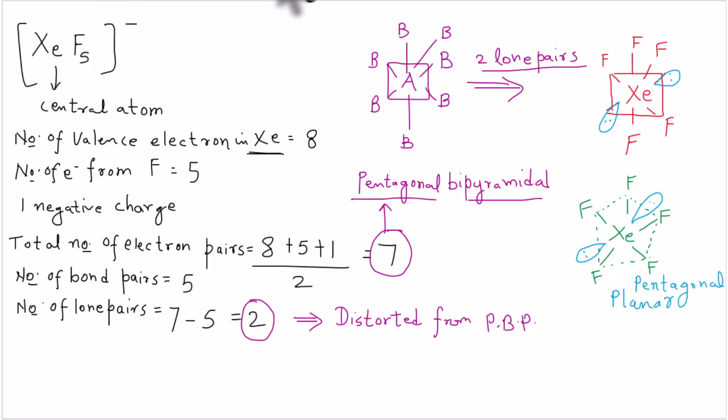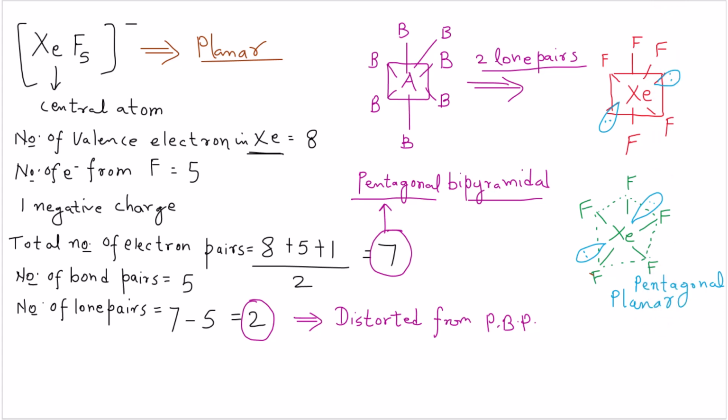So yes, XeF5 minus can be considered as a planar structure. As we have seen, after distortion from pentagonal bipyramidal, it becomes pentagonal planar with all the fluorine atoms oriented at the corners of a pentagon, a 2-dimensional flat structure.